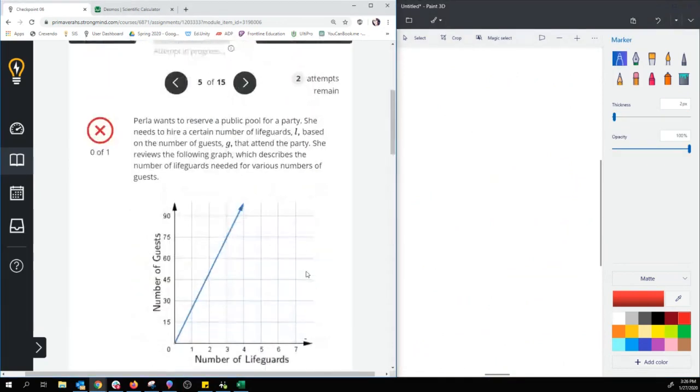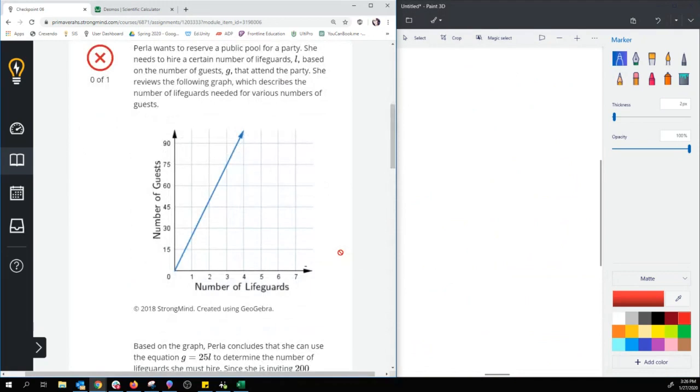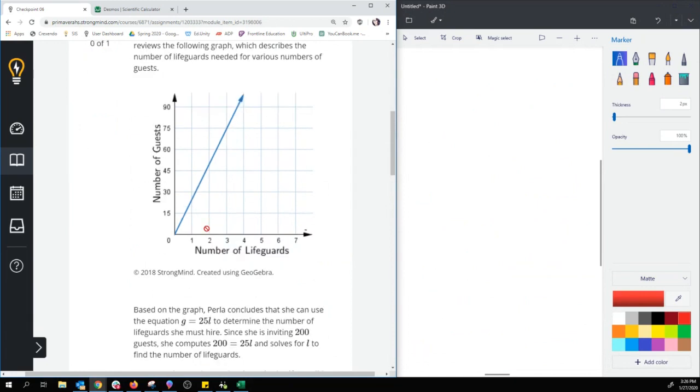All right. Number 5. To reserve a public pool party, she needs to hire a certain number of lifeguards, L, based on the number of guests, G, that attend the party. Okay, so we have this graph here. These are the number of lifeguards she needs to have on the bottom, and on my y-axis, my vertical, this is how many people she could invite.